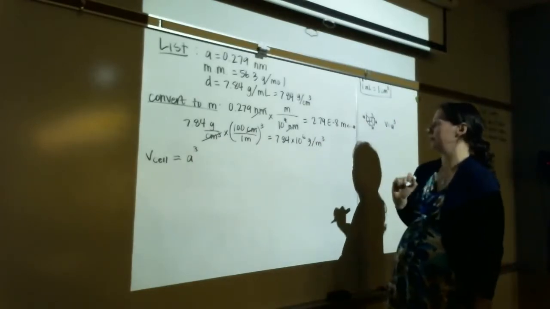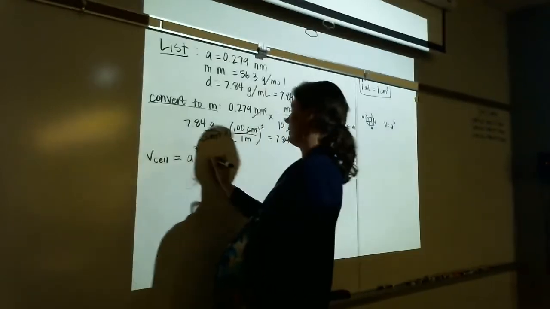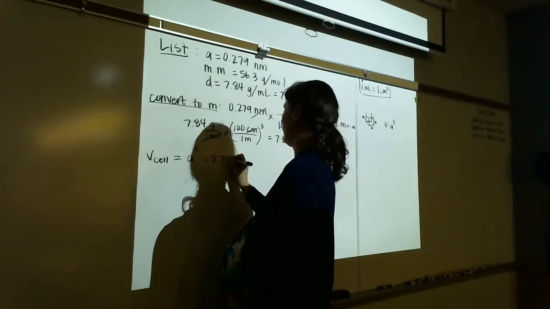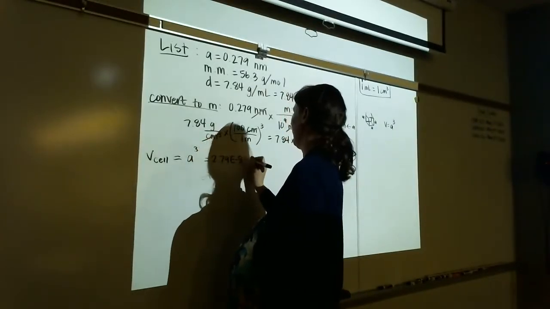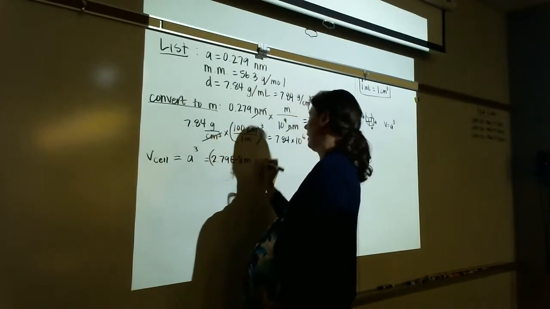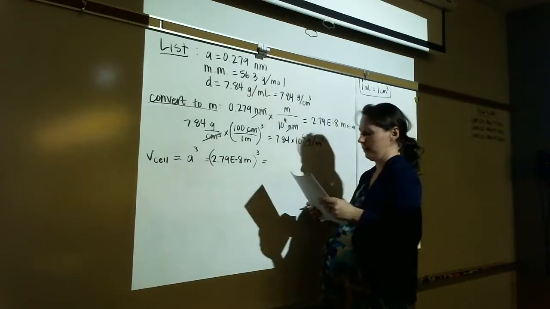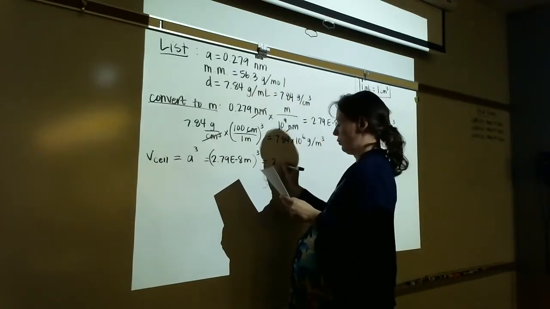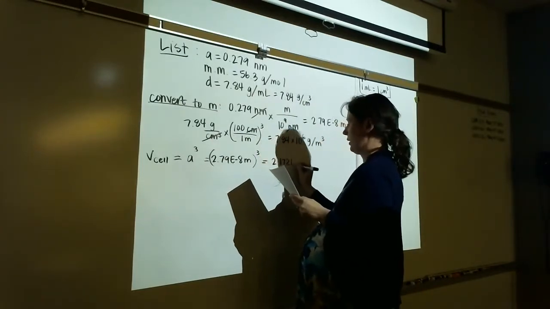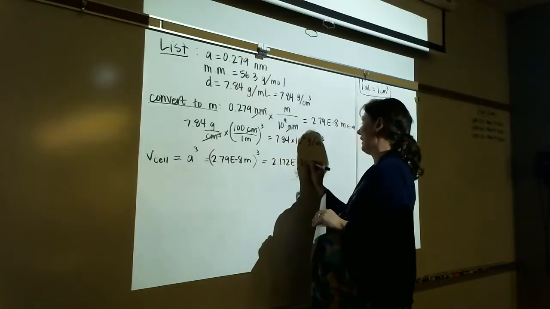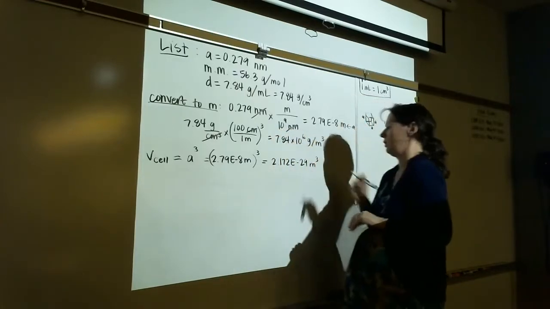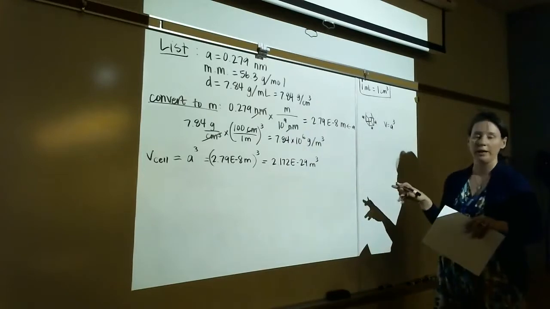This one's A, right? So this would be 2.79 times 10 to the -8 meters. Now we're going to cube it. So when I do that, I get 2.172 times 10 to the -29 meters cubed. And I just punch it into my calculator and hit cubed.